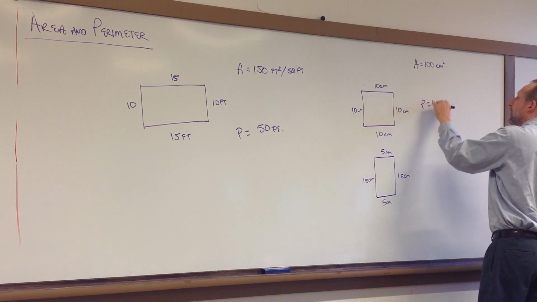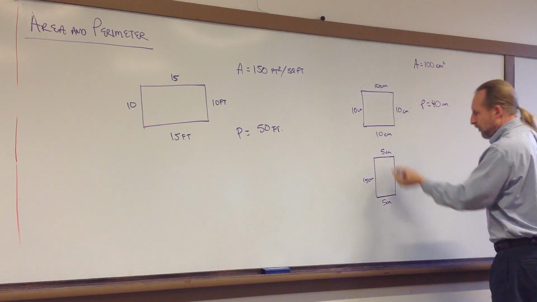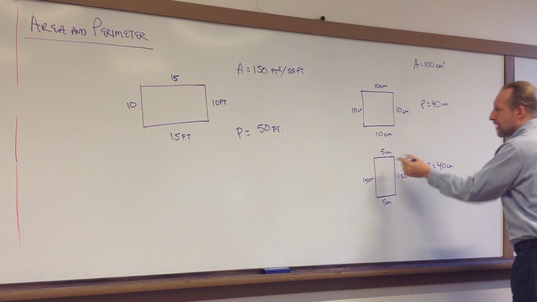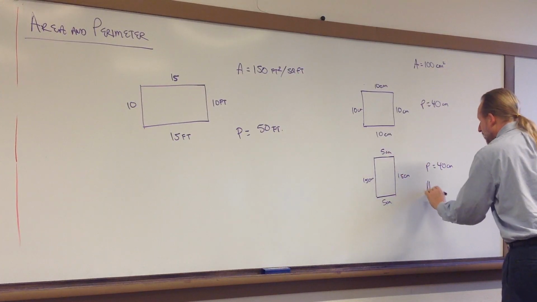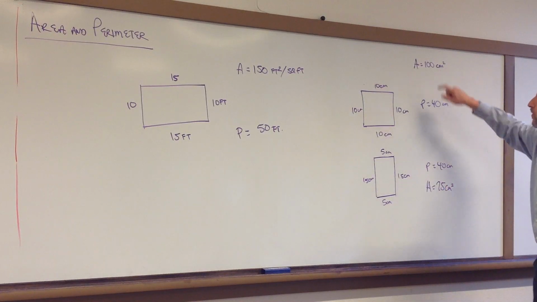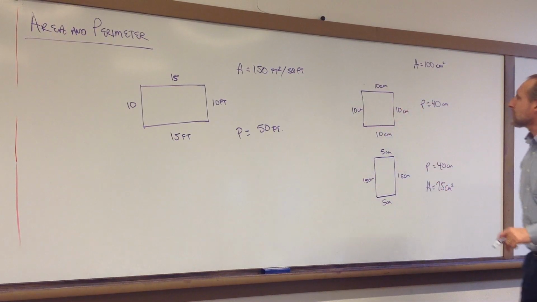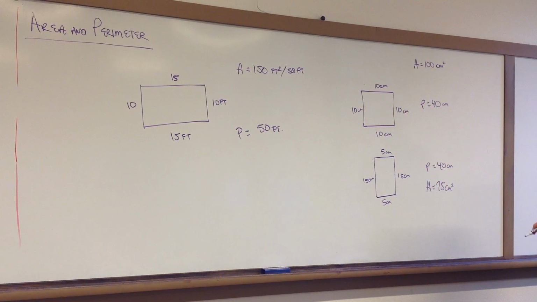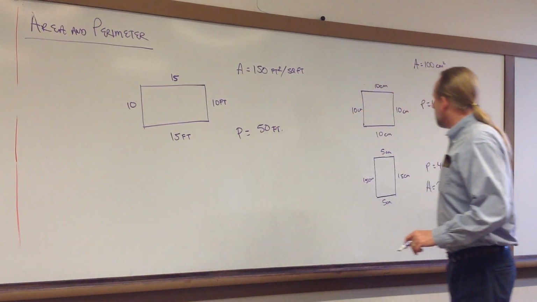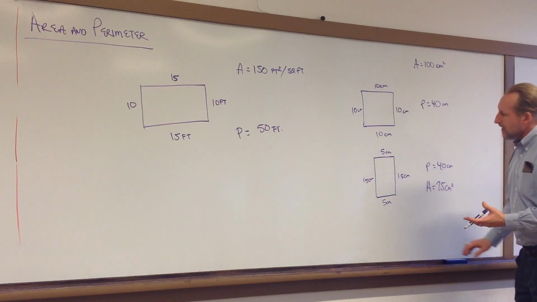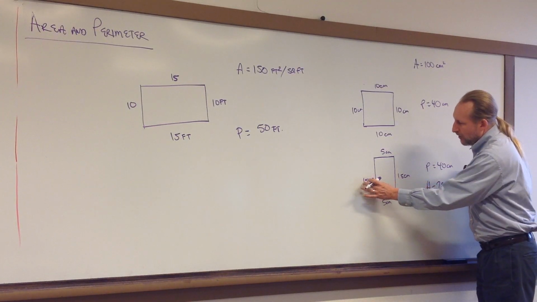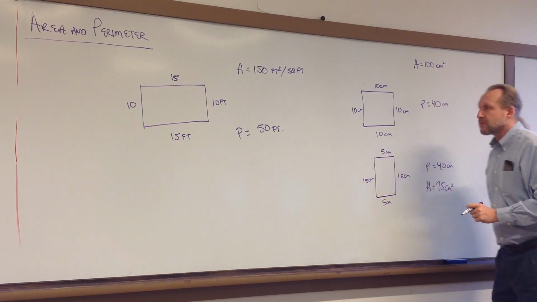Now notice the perimeter here is still 40, but our area in this one is 75 square centimeters, smaller than the 100. And so if we wanted to get a larger area, we would take some length off of the longer pieces and add them to the smaller pieces.